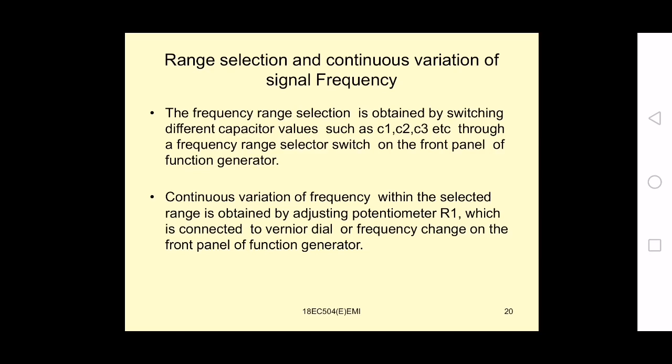For that we use the resistance R1, a potentiometer combination. The continuous variation of frequency within the selected range is obtained by adjusting the potentiometer R1, which is connected to the vernier dial or frequency control on the front panel of the function generator.